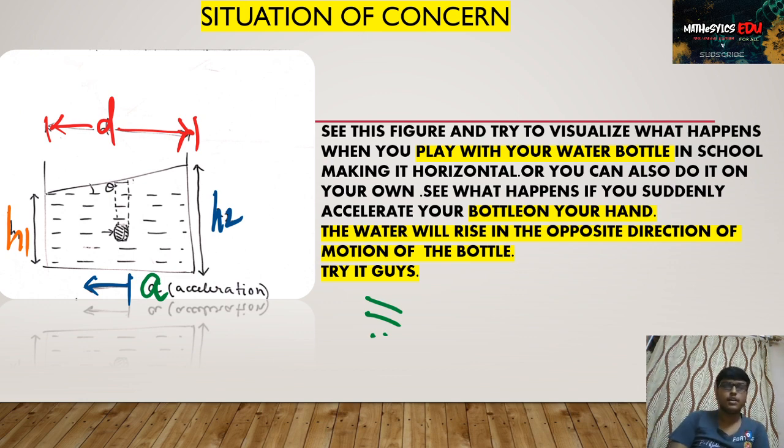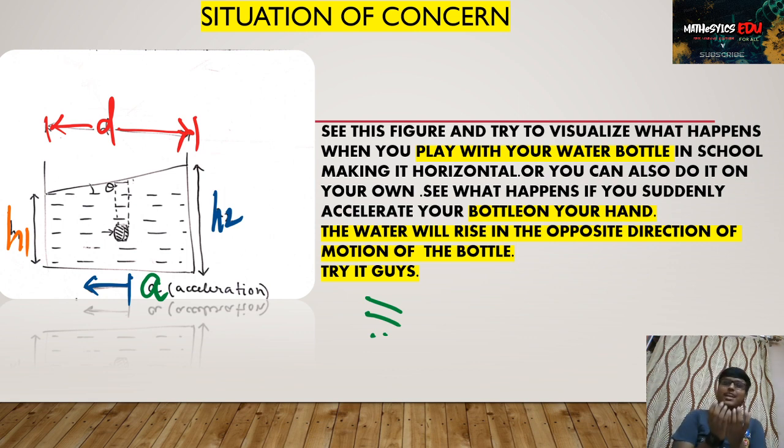Consider this particular figure, but before this I would request you to pause this video and try an experiment yourself, and then again see this video. See this figure and try to visualize what happens when you play with a water bottle in school, making it horizontal, or you can also do it on your own. See what happens if you suddenly accelerate your bottle in your hand. The water will rise in the opposite direction of the motion of your bottle.